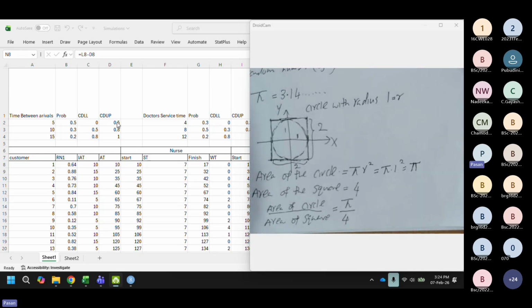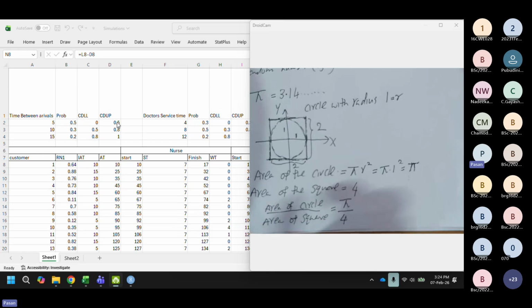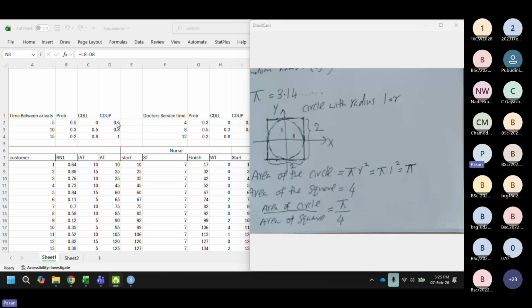Now using the random numbers, can I get some approximation for this one? That is then an approximation for this guy as well.